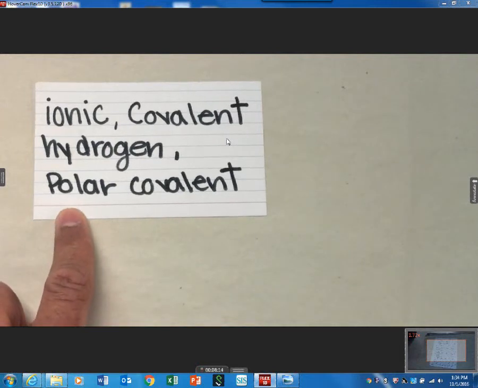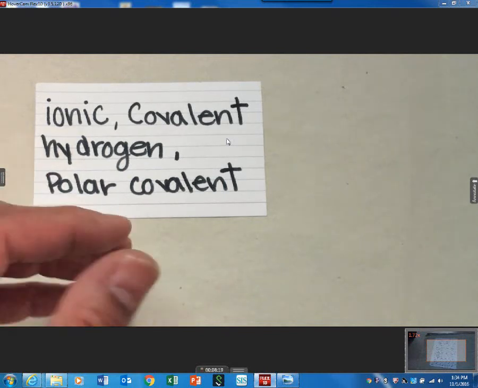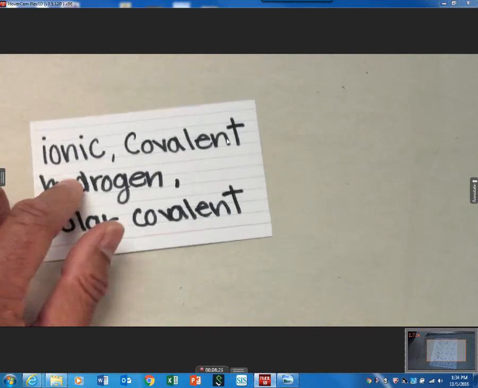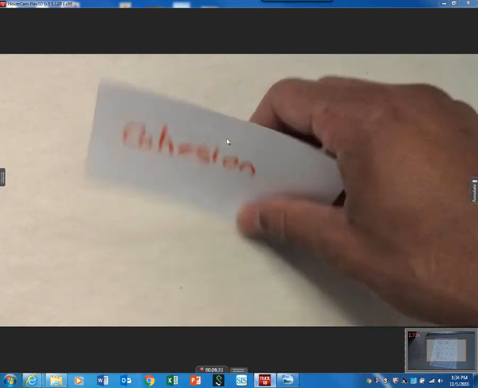Polar covalent causes the unequal sharing, which causes a positive and negative side, which in turn allows for the hydrogen to interact, and we call that hydrogen bonding. This is related. When a hydrogen bond of one water molecule interacts with what? Another water molecule. Hold on a second.